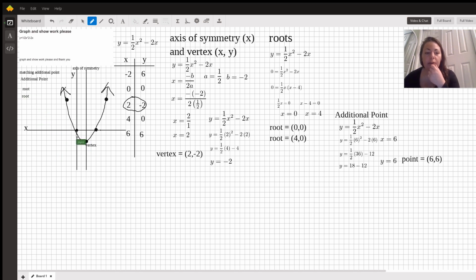When y is equal to 0, we factor and find our 2 roots. And then to make the graph even more accurate, we need to find this additional point. So I chose x equals 0, x equals 2, x equals 4. So I decided to use x is equal to 6 to get that additional point. And the beauty about a parabola is that it always has its match on the other side of the axis of symmetry. It's symmetric. So there's your additional point.